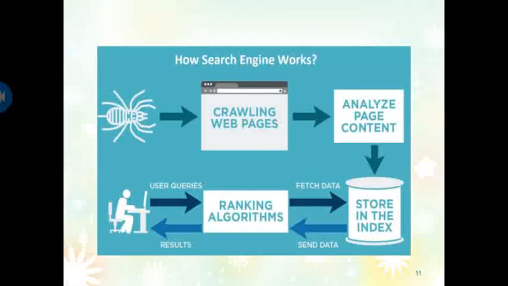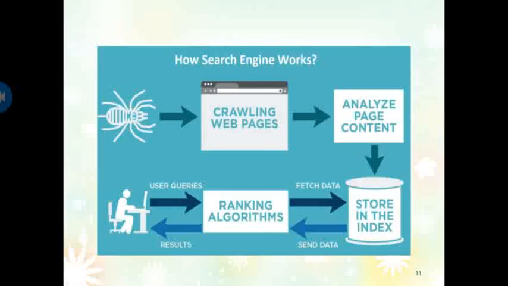Here I have taken a complete example with the working of a search engine, which involves three processes: crawling, indexing and ranking. See how it works. Look at the first one, the web crawler.